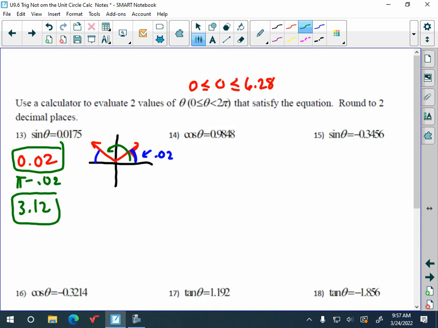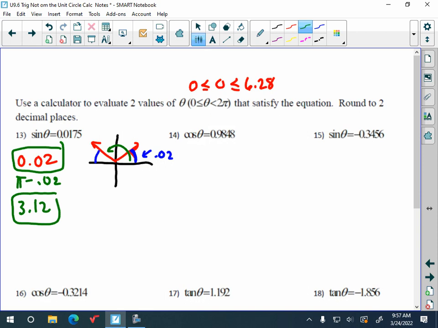Its decimal 4.71. And then 2 pi, 1 complete revolution, it's 6.28. Since this angle falls in quadrant 1, the answer has to be between 0 and 90 degrees, or pi over 2. That means pi over 2 is 1.57 radians. So this has to be between 0 and 1.57, which is 0.02, that is. Now this angle right here is in quadrant 2.